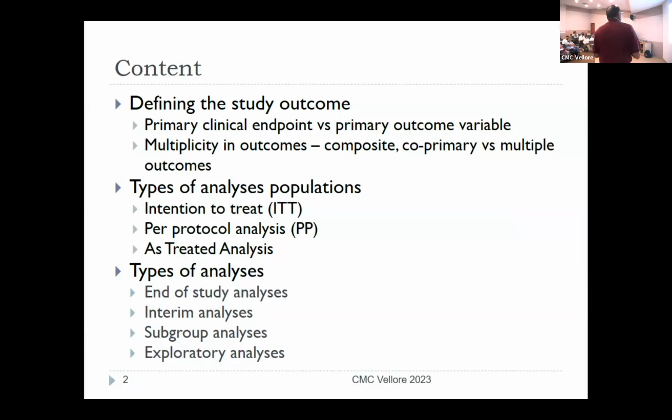Then we have complications because many people say, oh, wait a second, I have a primary outcome. I'm going to do a trial to see the effectiveness of my intervention on this one primary outcome. But there are all sorts of other interesting outcomes. Those are secondary outcomes.